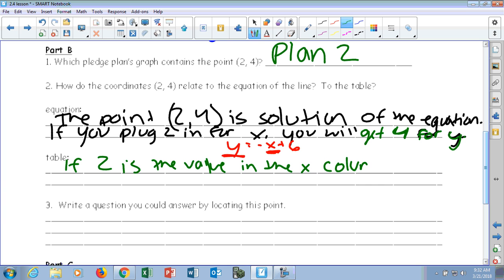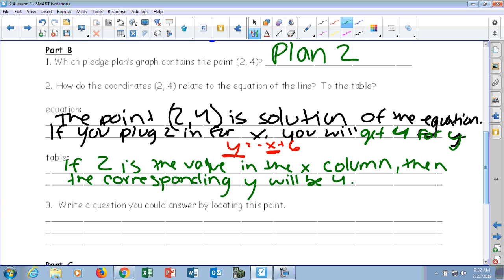So if we look in the x's and find where it's 2, then the corresponding y will be 4.